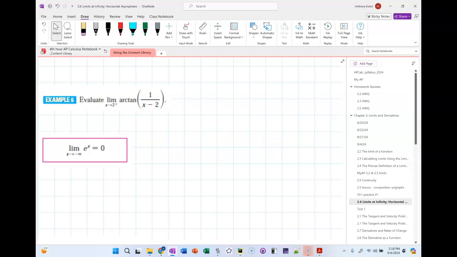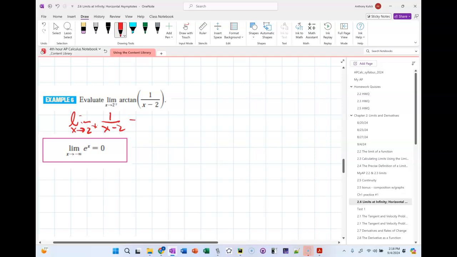So when I plug in 2 from above to 1 over x minus 2, what value is that approaching? What is that equal to?